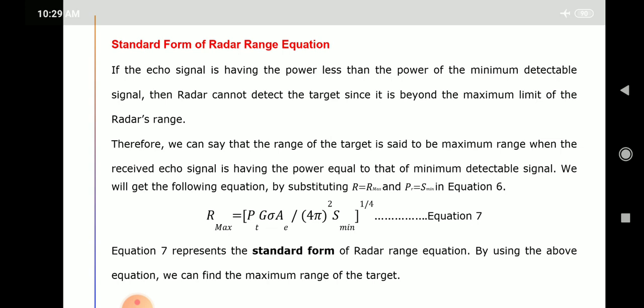We get the following equation: R maximum is equal to PTG sigma AE upon 4 pi square S minimum to the power 1 by 4. Equation 7 represents the standard form of the radar range equation. By using the above equation, we can find the maximum range of the target.